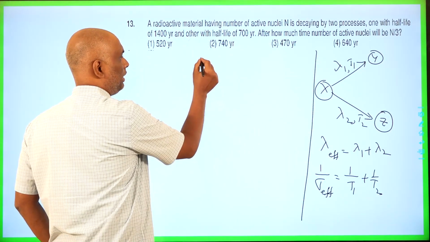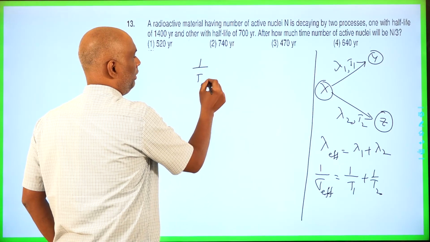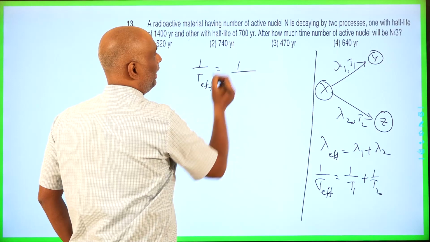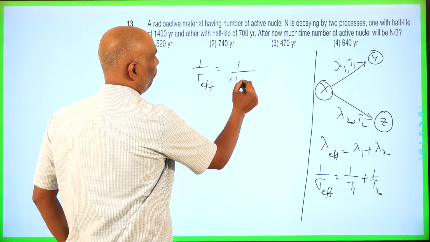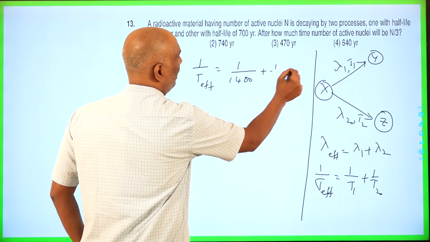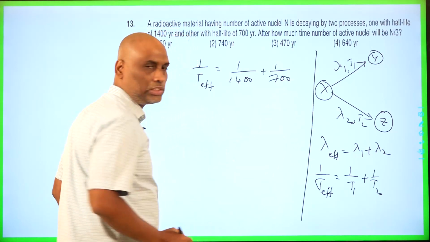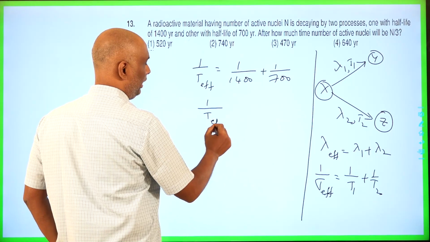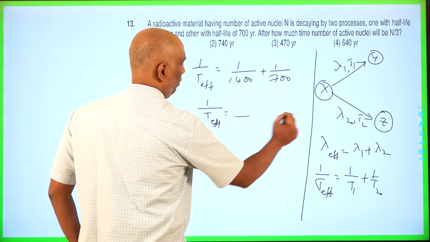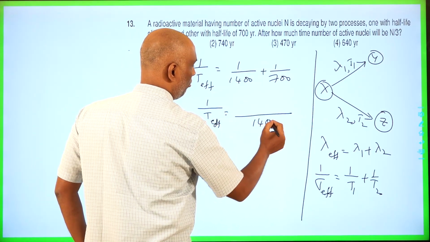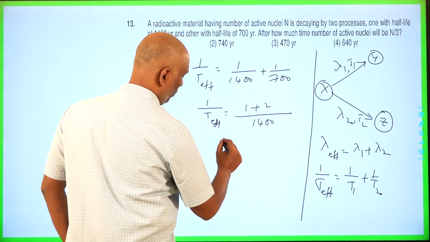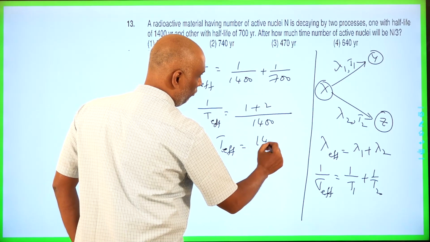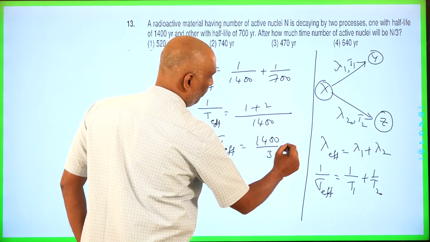So 1 divided by T effective equals 1 divided by 1400 plus 1 divided by 700, which is (1 plus 2) divided by 1400, so T effective becomes 1400 divided by 3 years.